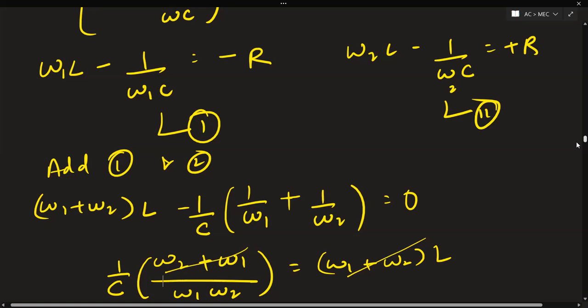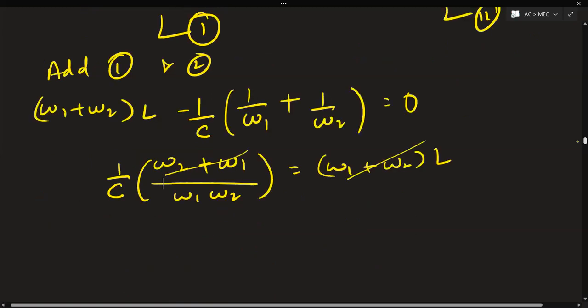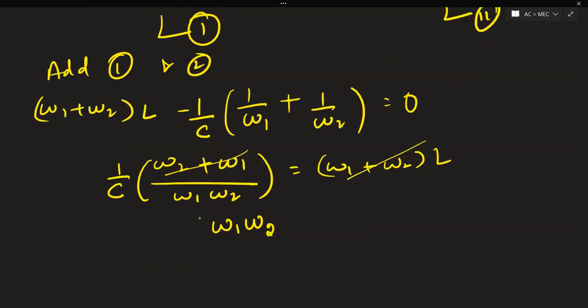What do we have? By adding these two equations, I am getting the value of omega 1 into omega 2 as 1 by LC. L will come here, omega 1 omega 2 will go there. Fine. So this is one more equation that will be required. Using these two equations, I have got this.